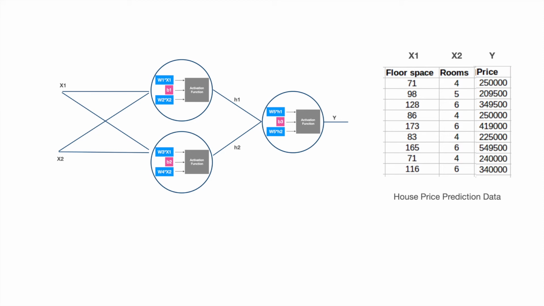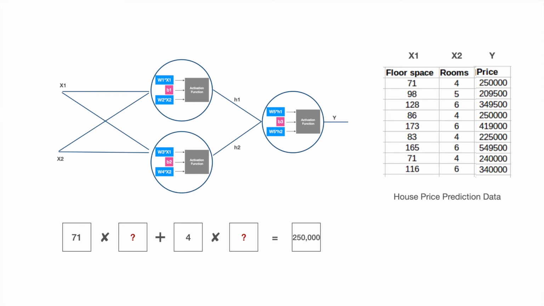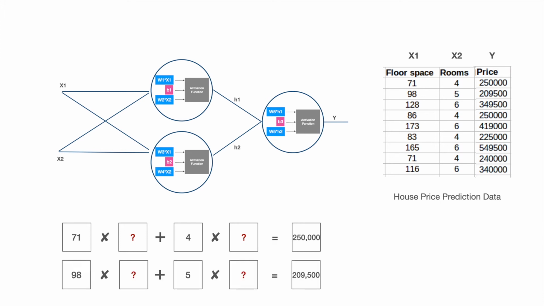What are we trying to solve here? We want to find a set of numbers which, when multiplied with floor space and rooms, will give us the price of the house. For example, 71 multiplied with something plus 4 multiplied with something gives us 250,000, or 98 multiplied with something plus 5 multiplied with something will give 209k.